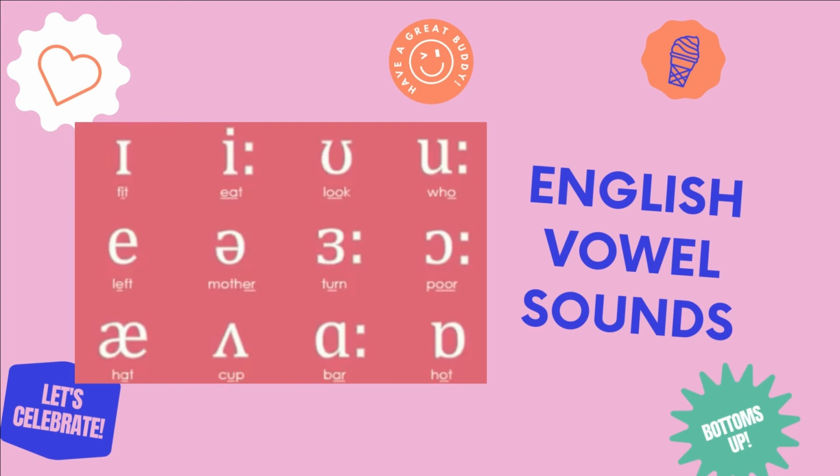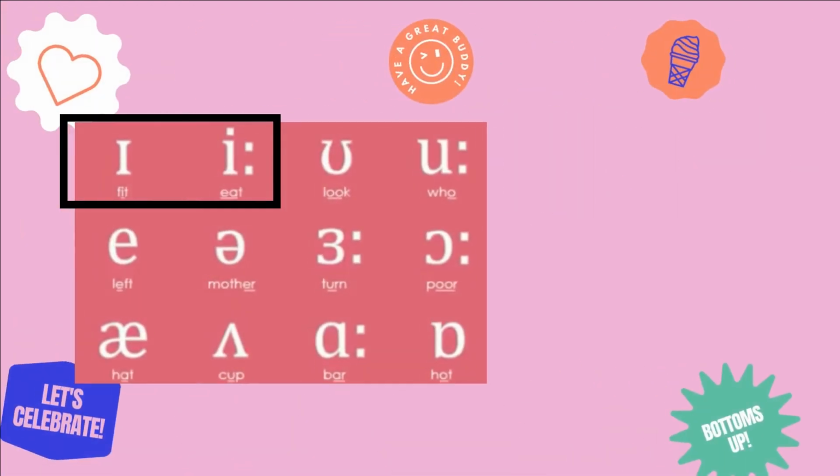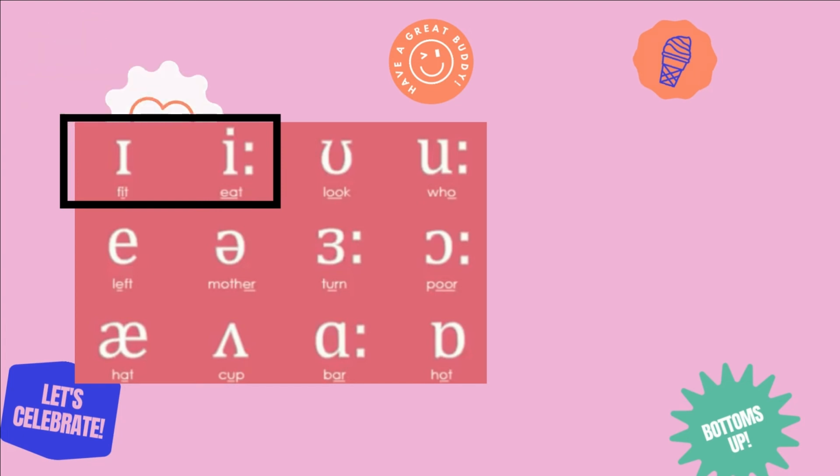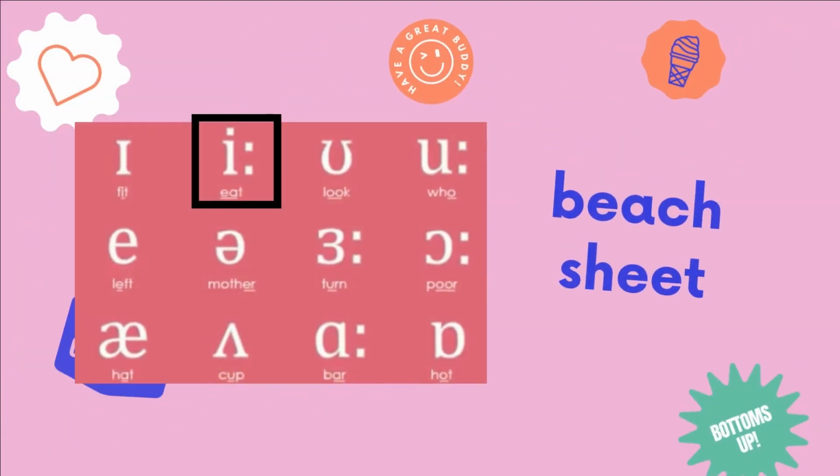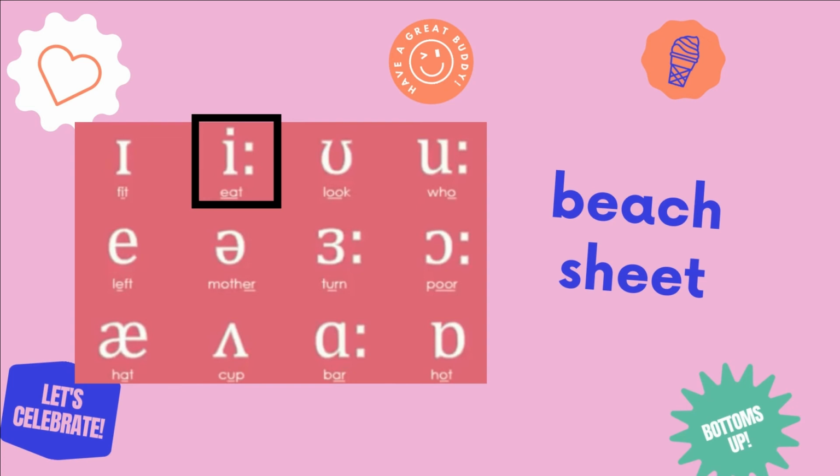Remember that they are sounds, not English letters. Now let's look at the first two sounds, the short and long I. These sounds cause a few problems for English learners. Beach, beach. As an example, it has the long vowel sound in this word.